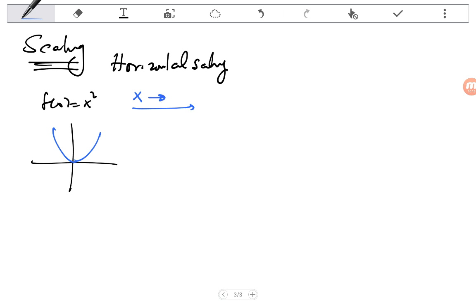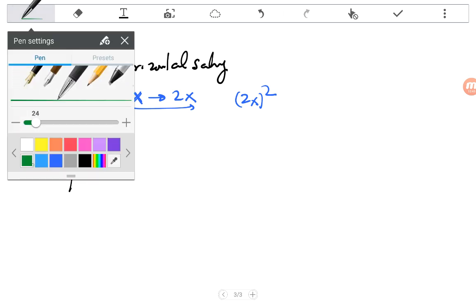This is a horizontal operation, so it is operated on x, not on the whole function. If I substitute every x with 2x, what is the new expression for the function? It would be 2x all squared. Now what is this operation?